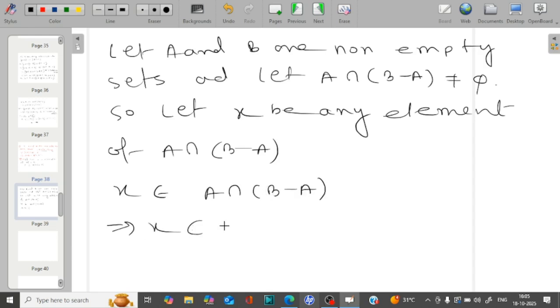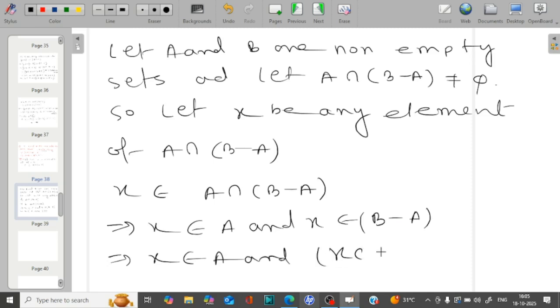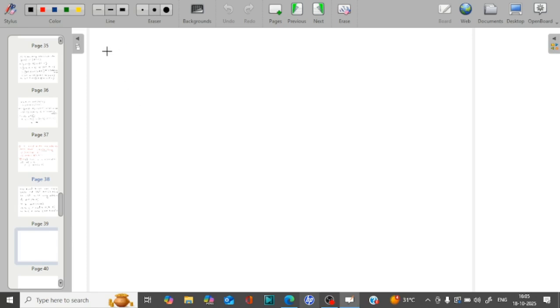That implies X belongs to A and X belongs to B difference A. Intersection, for intersection we have to write here 'and'. That implies X belongs to A and X belongs to B and X does not belong to A, by the definition of difference. That implies X belongs to A and X does not belong to A and X belongs to B.